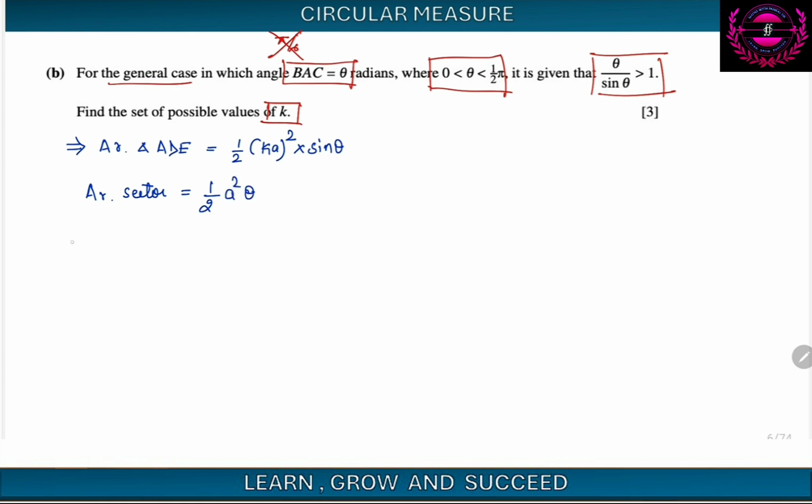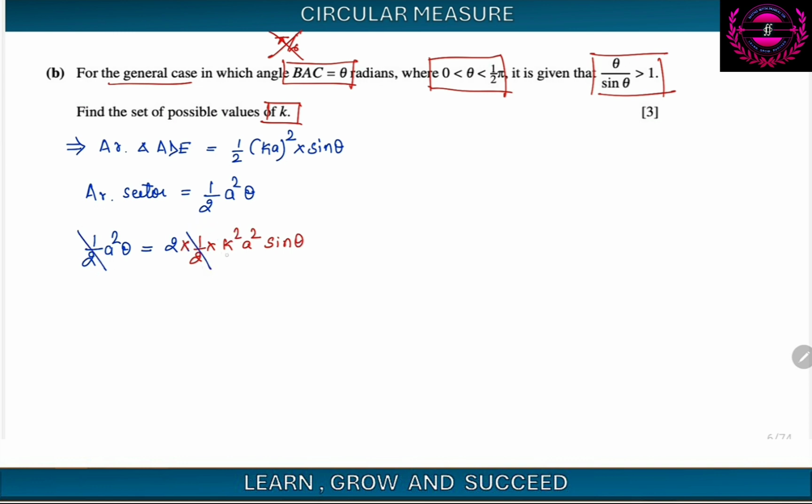But it is also given that DE divides the region into two equal areas. So the area of the sector will be twice the area of the triangle, which is 2 into half k squared a squared sine theta.